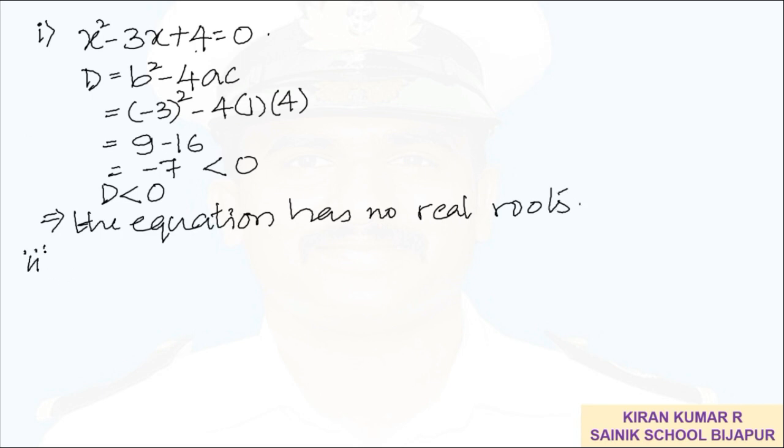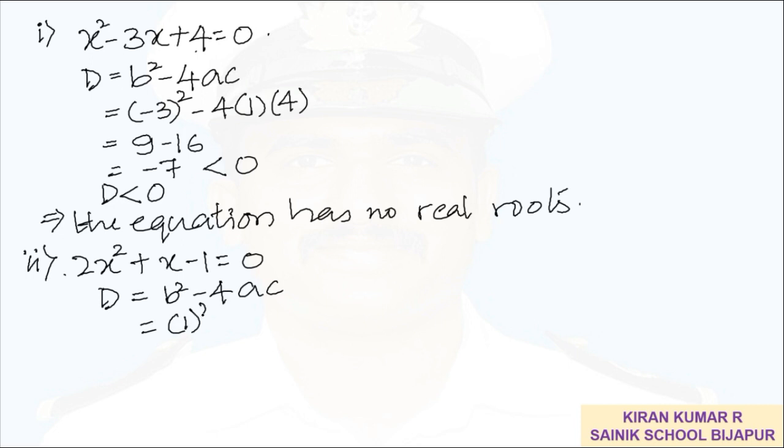Let's take up question 2. 2x square plus x minus 1 equal to 0. In this case, what is the discriminant value? It is b square minus 4ac. Let's substitute. B is 1, so 1 square minus 4 times a is 2, c is negative 1.